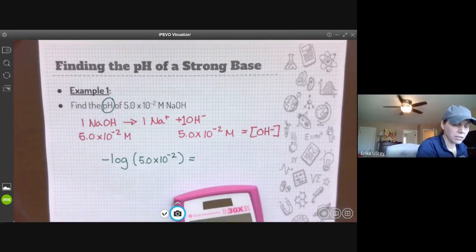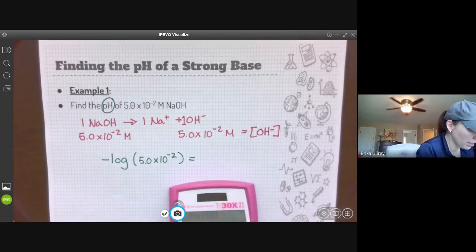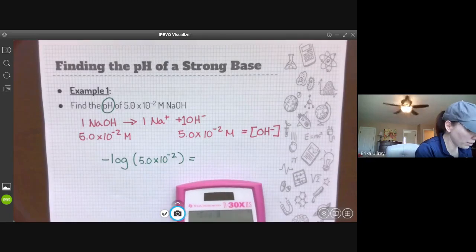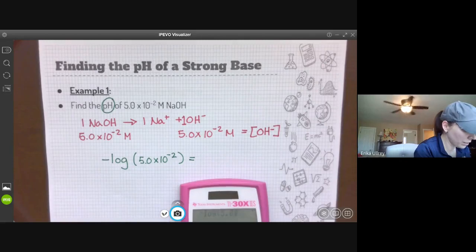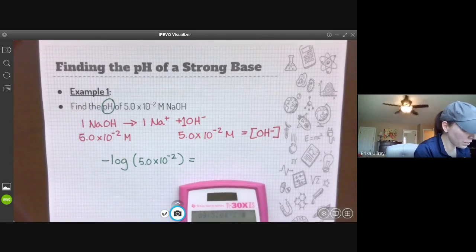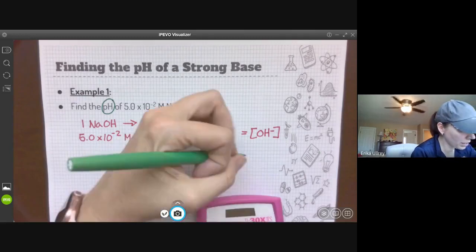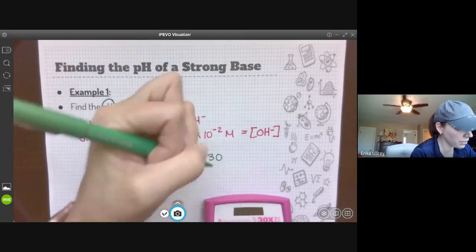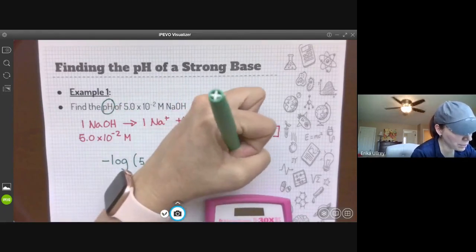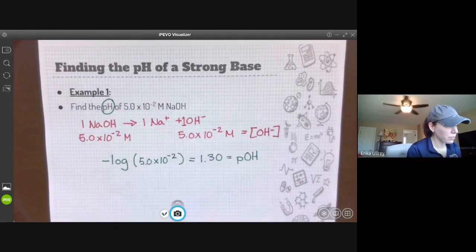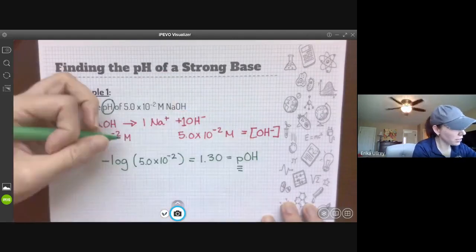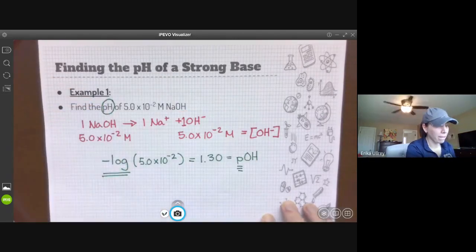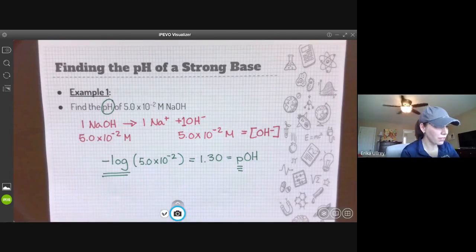Negative log, then 5.0 E negative 2 in parentheses. And we get 1.301. So 1.30 is going to be equal to my pOH, right? Because remember, p stands for negative log. So we just took the negative log of the OH concentration to get pOH.